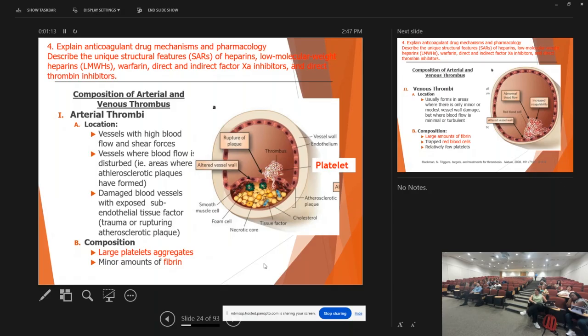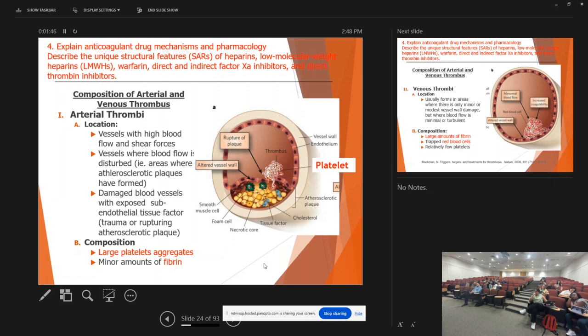In the case of arterial thrombus, this is what the thrombus will look like. It has a lot more platelets. You can see the endothelial cells, there is an injury here. Every thrombus has its own characteristic. Arterial thrombus contains a lot of platelets, and there's a little rupture there, and it also has cholesterol because of atherosclerotic plaque.